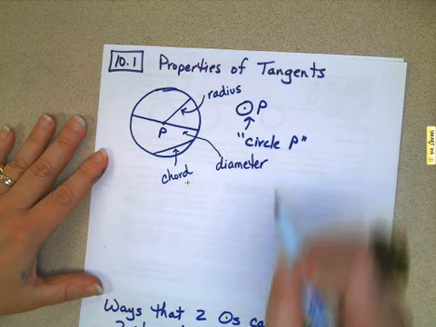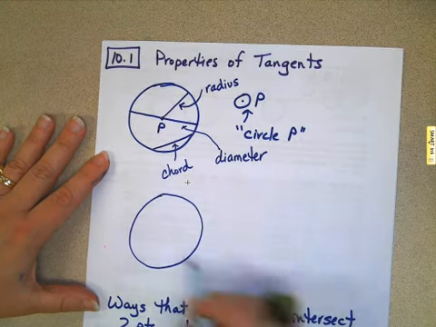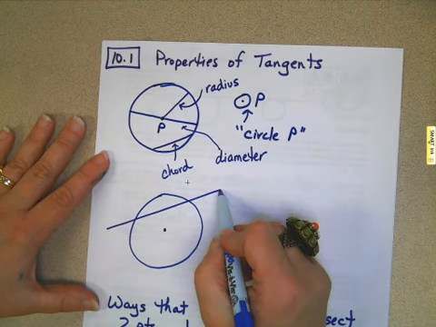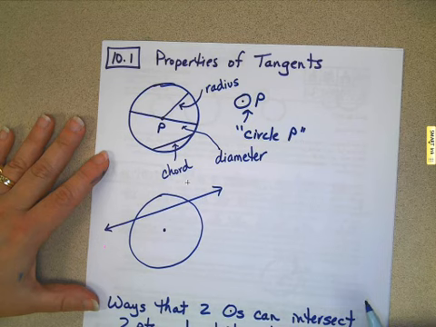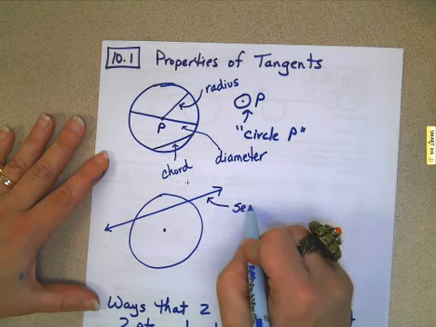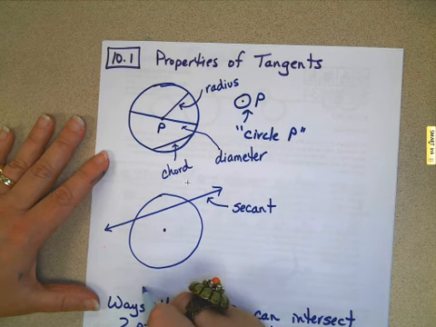Okay, hopefully you knew that already. What you may not have known is secants and tangents. A secant is a line that goes through a circle at 2 different places. So there's a secant, and then a tangent is a line that only touches a circle at 1 point.